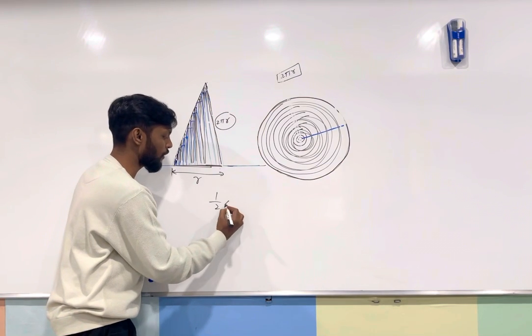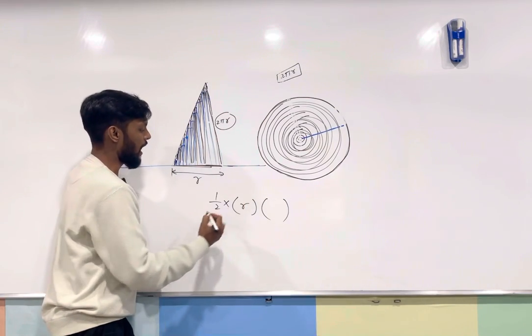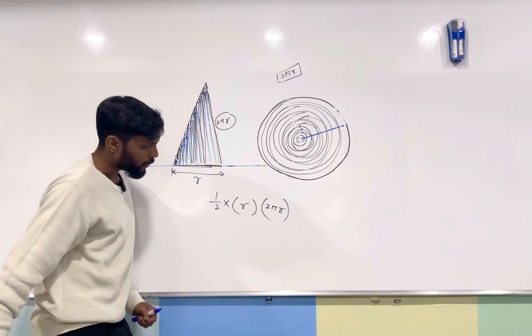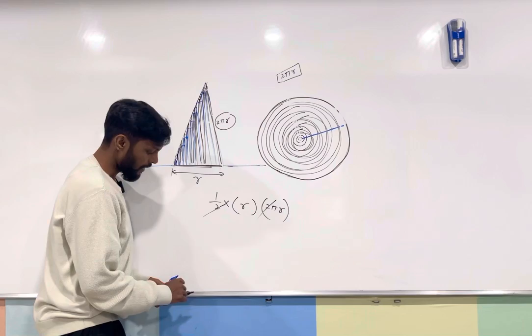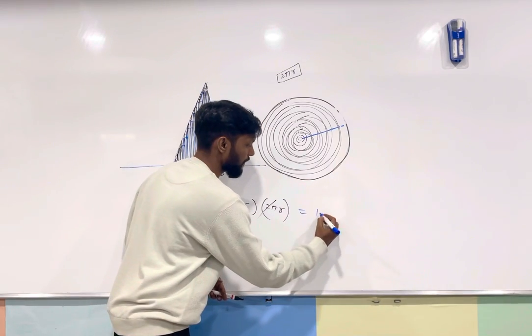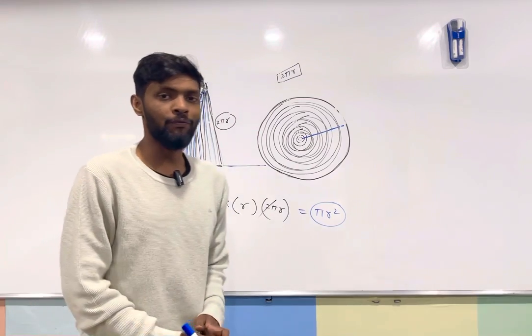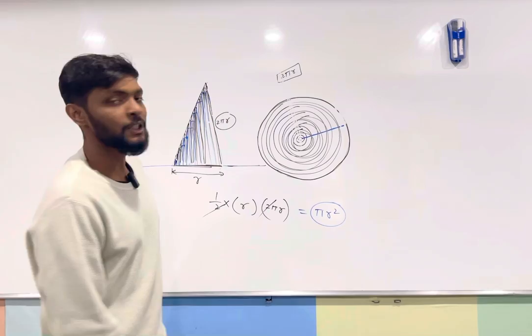I am going to apply it over here, half into base into height. Base is r, height is 2 pi r. So the 2 will get cancelled out and we will get pi r square. So by this process we can visualize that the area of a circle is pi r square.